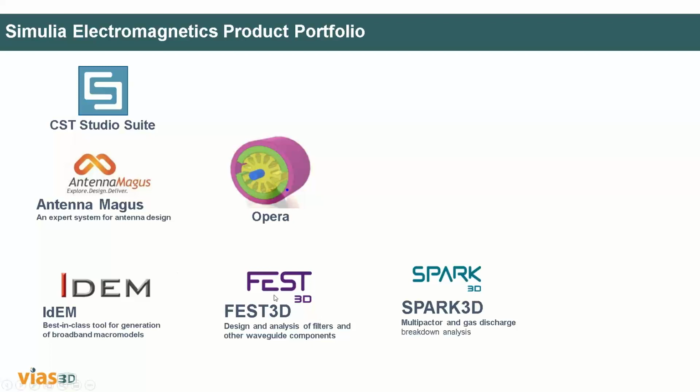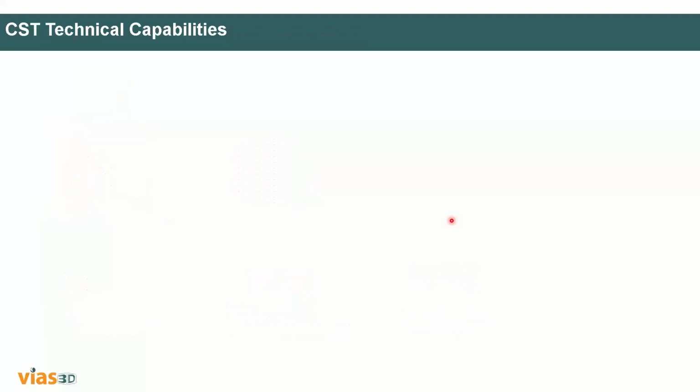S3D and Spark 3D are basically used for waveguide kinds of components, but generally they are used in industries. If your research is coming into waveguide or high power waveguide kinds of structures, then you will have interest in this kind of tools, etc.